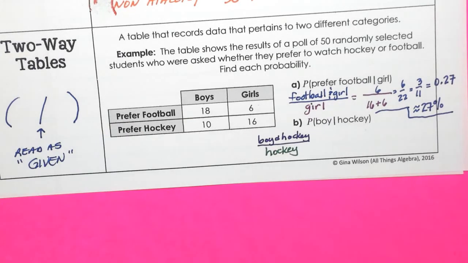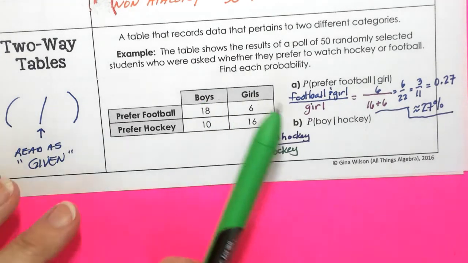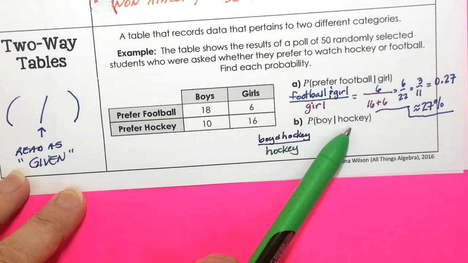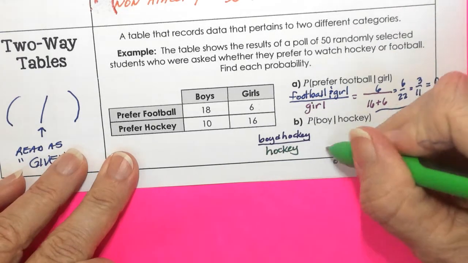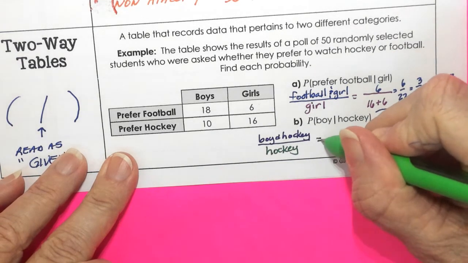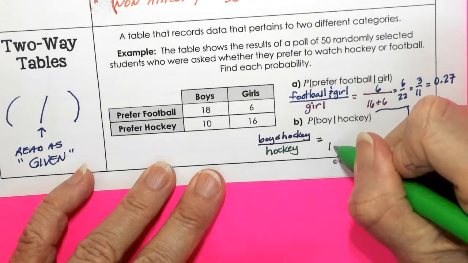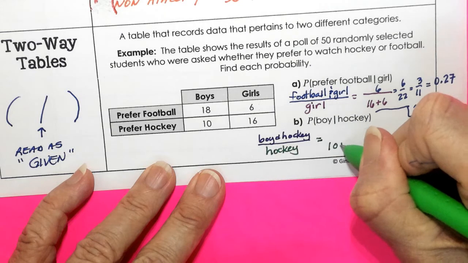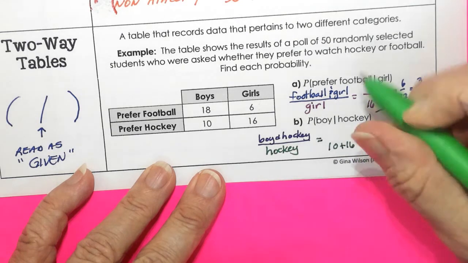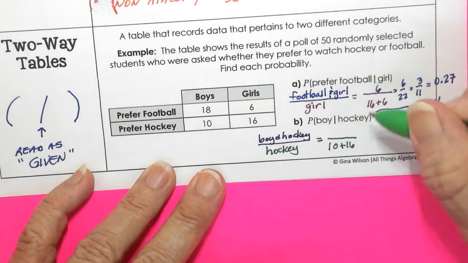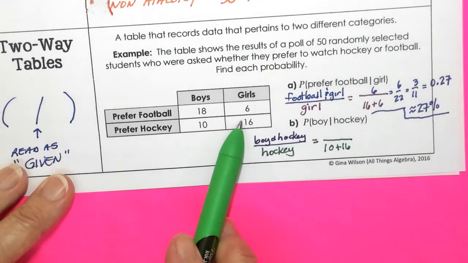For the next question, they ask the probability of a boy, given that they prefer hockey. So you come over here and you say there's a total of 10 plus 16 in our random survey who like hockey.